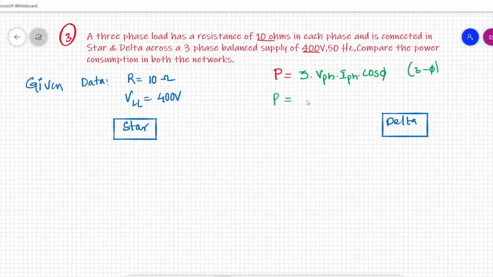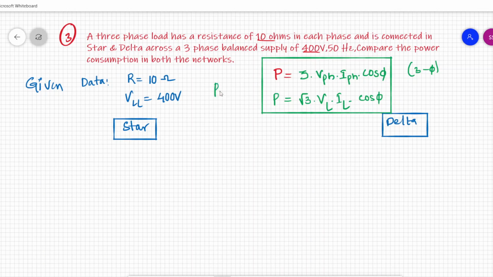It can also be written as root 3 into VL, line voltage, into line current, into power factor. Okay, so this is the expression for power P in a three-phase circuit. Now we have to find this power in each case and compare the results.